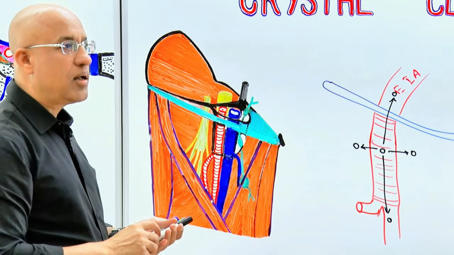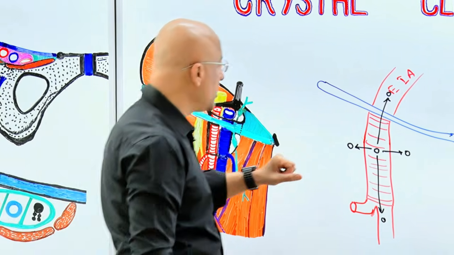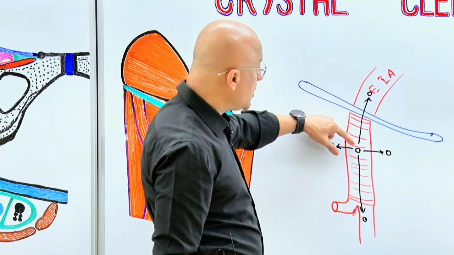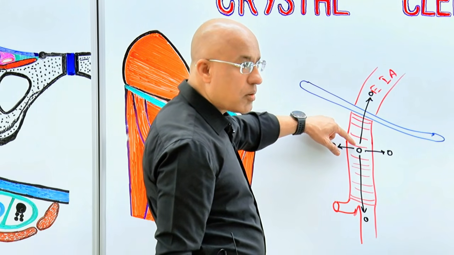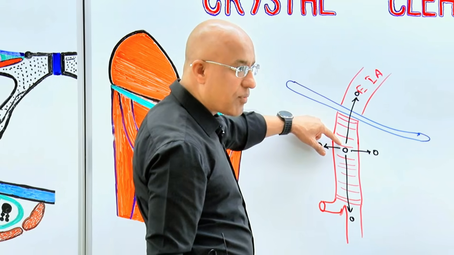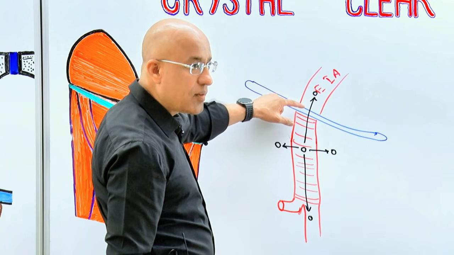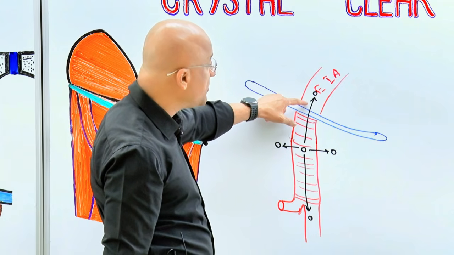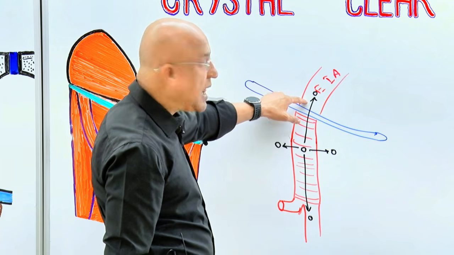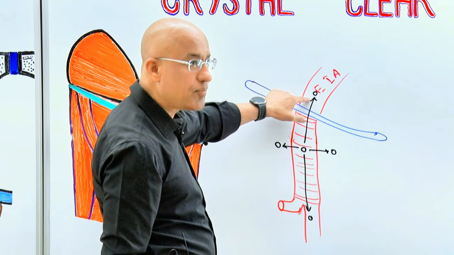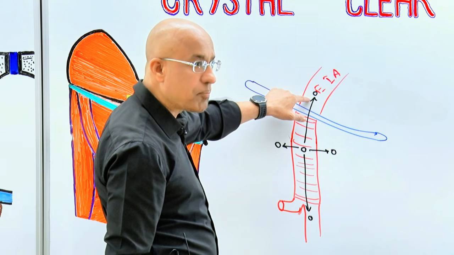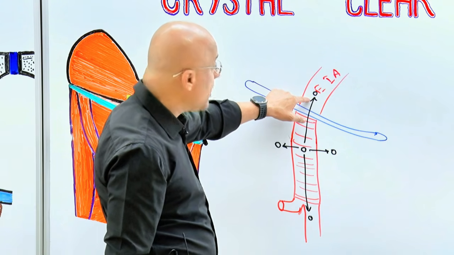We will deal with them one by one. First of all, if inadvertently you make the puncture too high, just above the inguinal ligament, actually you are puncturing the external iliac artery.